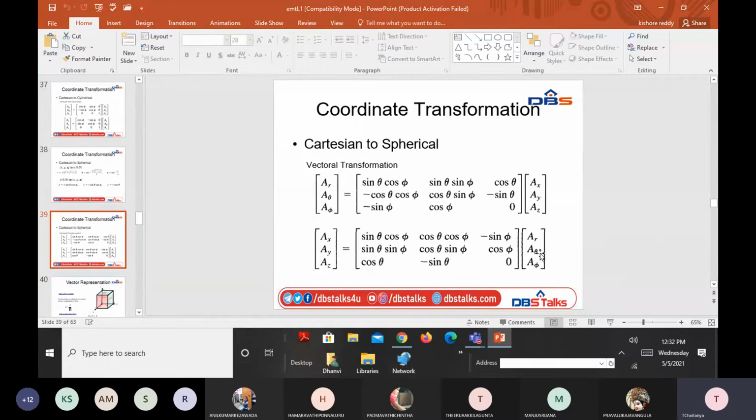The same matrix can be multiplied with the spherical vectors, where ar is the vector along the radius of the sphere, a theta is along the theta angle between the z-axis and the radius of the sphere, phi is the azimuthal angle, right? Along there we have components, those are the vectors. So the same, we can multiply these two, and we will get the values of ax, ay, and az.